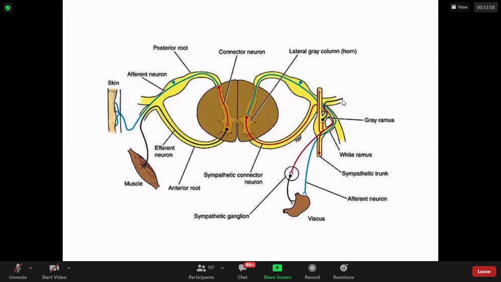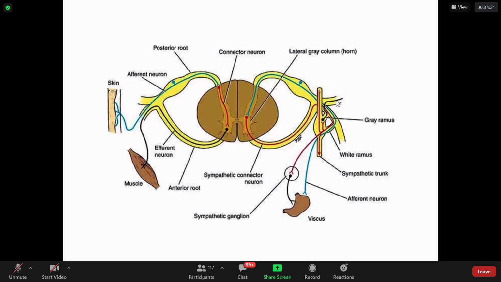What are the targets of these fibers? The viscera. If we tell it in more detail, three things are the targets of the sympathetic or parasympathetic nervous system, that means the autonomic nervous system: smooth muscle, cardiac muscle, or gland.